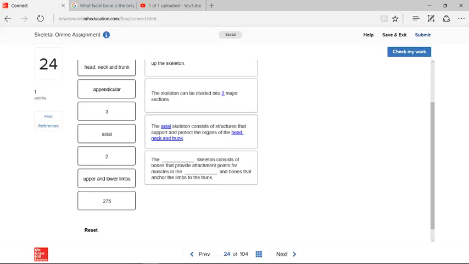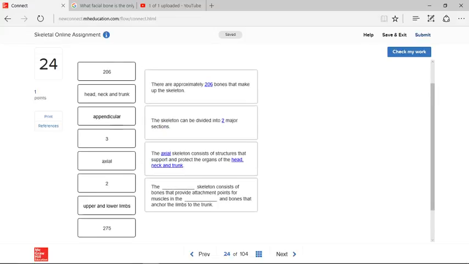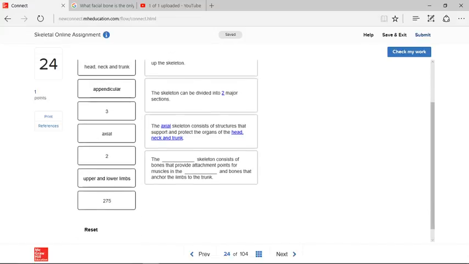Bones that provide attachment points for muscles in the blank, and bones that anchor limbs to the trunk. Okay, alright, now we're getting somewhere. The upper and lower limbs skeleton. The upper and lower limb skeleton consists of bones that provide attachments for muscles.